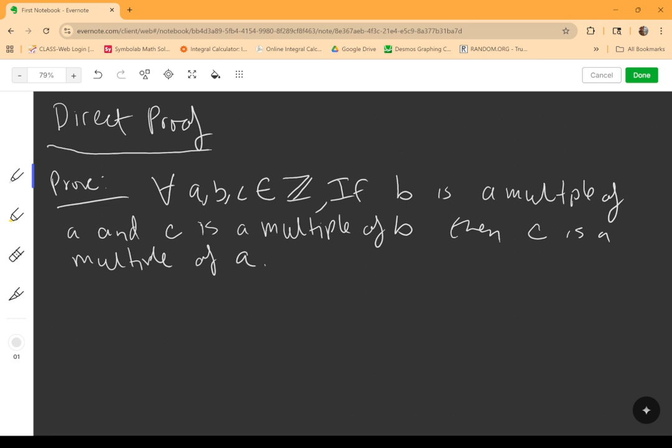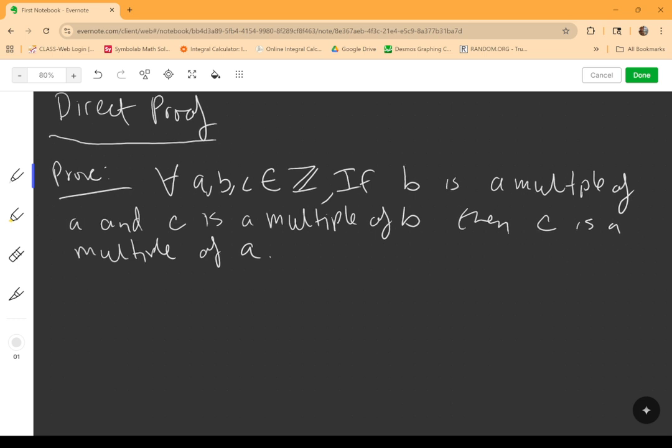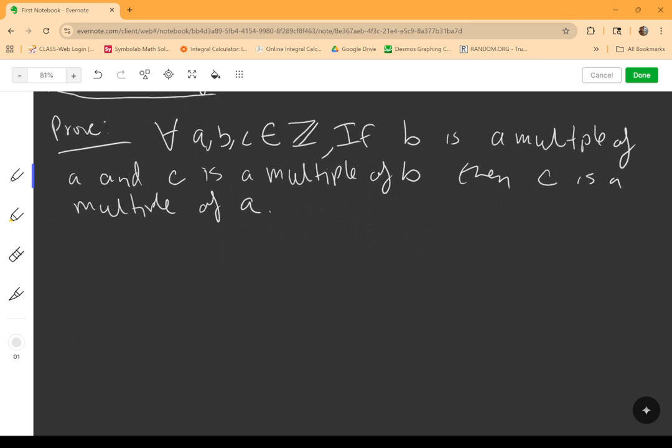Okay. So with that being said, what does it mean for something to be a multiple of another thing? Let's start by unpacking that hypothesis. If B is a multiple of A, think of values like 3, 6, 9, 12, etc. We could say 9 is a multiple of 3, and 12 is a multiple of 3.